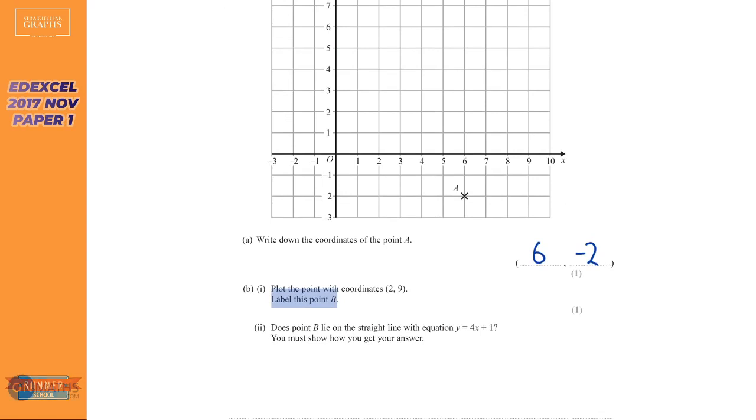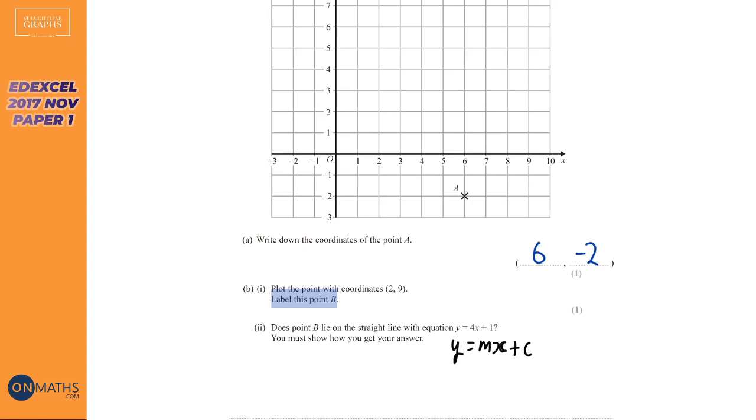Does point B lie on the straight line with equation y equals 4x plus 1? You must show how you got your answer. Okay. Loads of different ways of doing this one. We could draw the line y equals 4x plus 1, and the way we would do that is we understand that y equals mx plus c. Okay, and you might have seen that before.